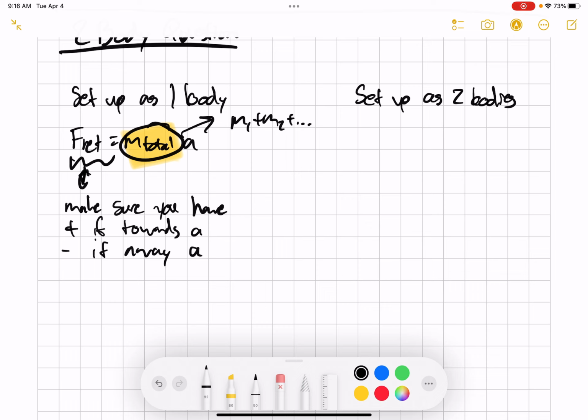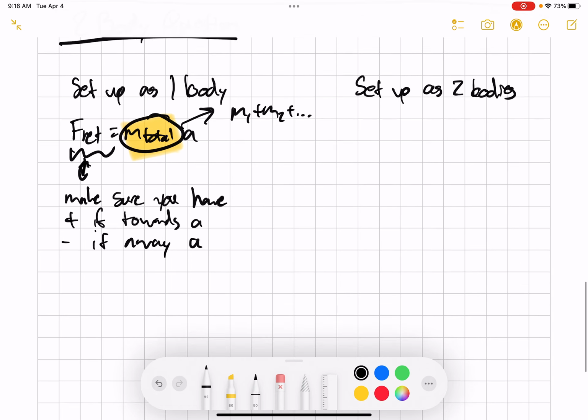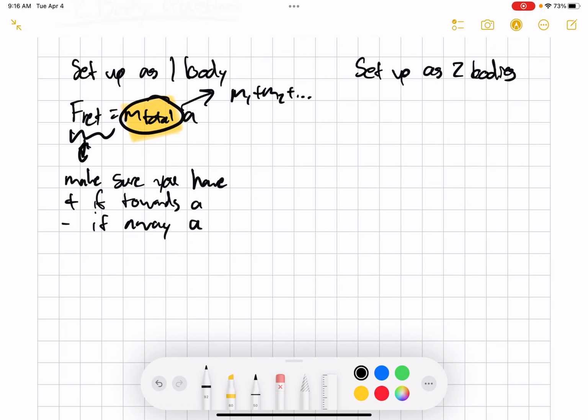This may mean that some of your xy's are flip-flopping depending on the orientation of the object. I would still suggest, even if you're setting up as one body, drawing your free body diagrams for each individual object so you can see what's happening. But make sure that you have that positive and negative, okay?